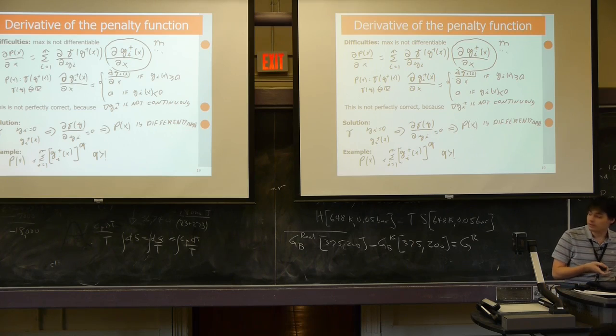Right? So if you take the derivative of this, then even though this guy would not be continuous, it doesn't matter because this first term would set that to 0.